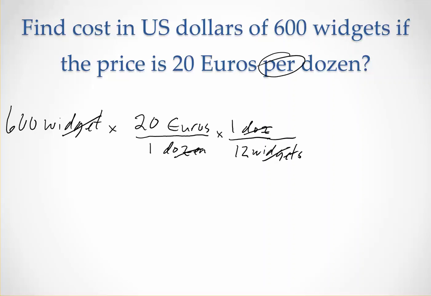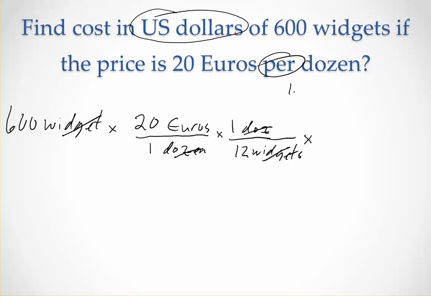So at this point, all we know is the cost in euros. But the problem asked us to find the cost in US dollars. So we're going to do another conversion factor. And we need to know what a euro and a dollar equal. So on May 13th, 2015, I went to Google and asked it to tell me how many dollars there are to a euro.